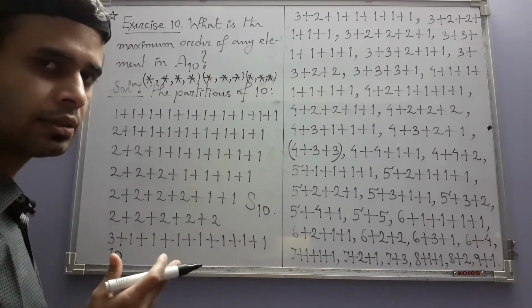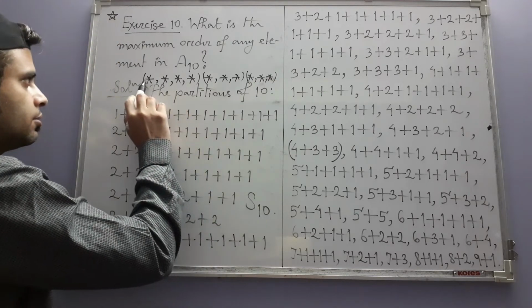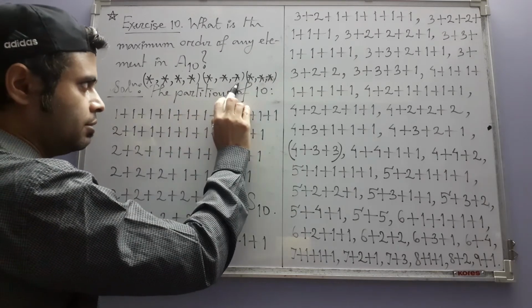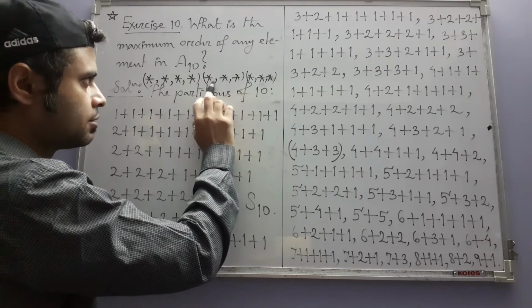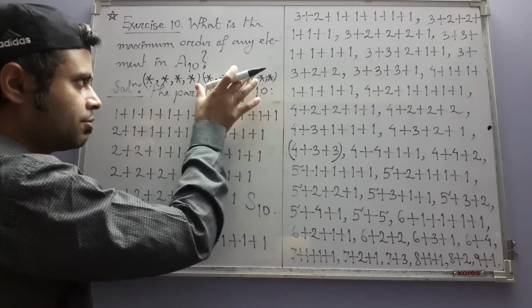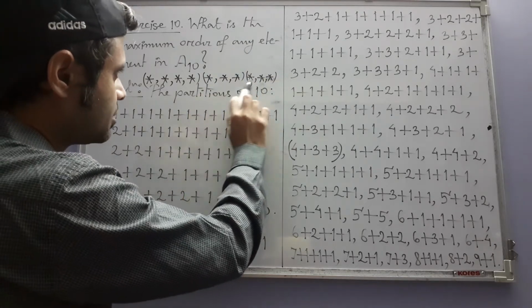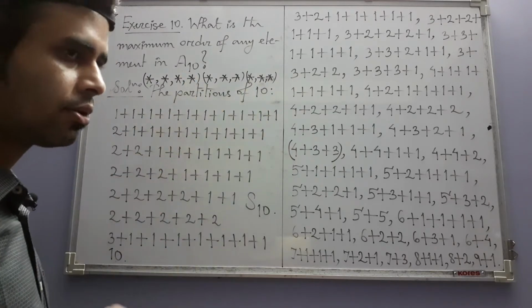So that number 3 decides that it's an odd permutation. So this is odd, this is even, because 3 is odd, and hence this is even, this is also even. So product of 2 even permutations is even. So this part is even, but this part is odd, and this final product is an odd permutation.